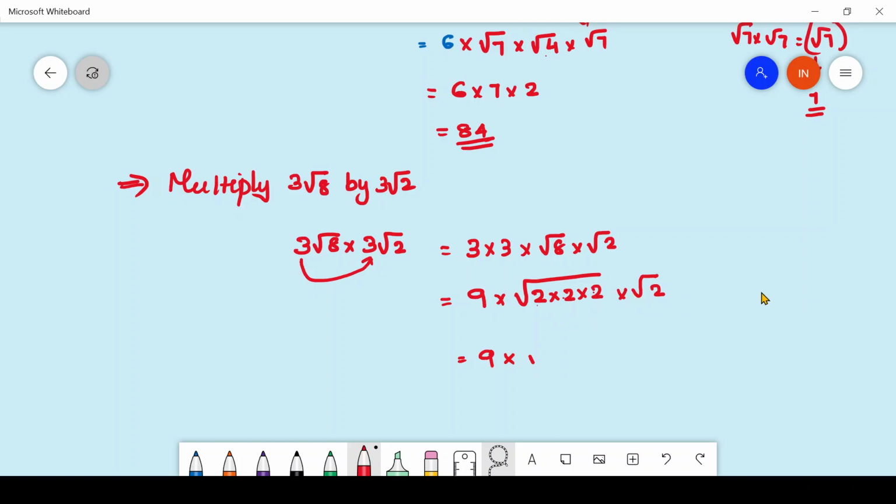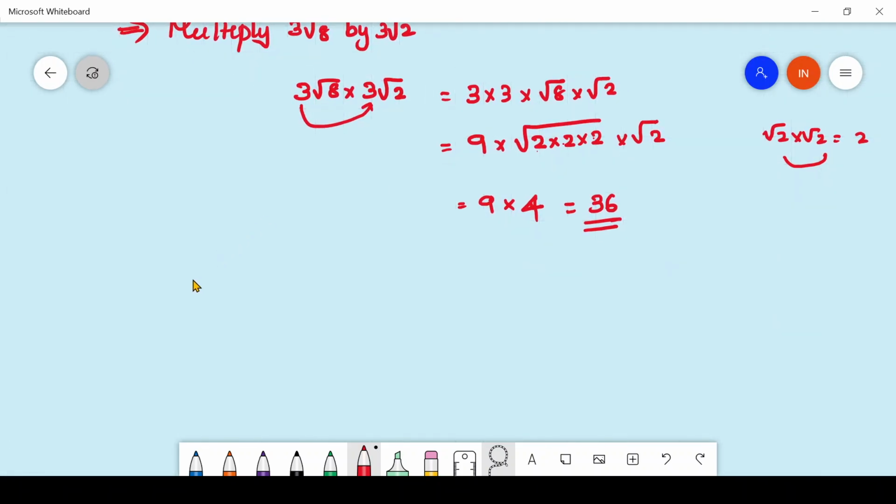How can we do? Because root 2 into root 2 is what? Root 2 the whole square, that is 2. So 2 times the same thing occurred, so 2 into 2, that is 4. So you will get the answer as 36 over here, right? Yes, very good.